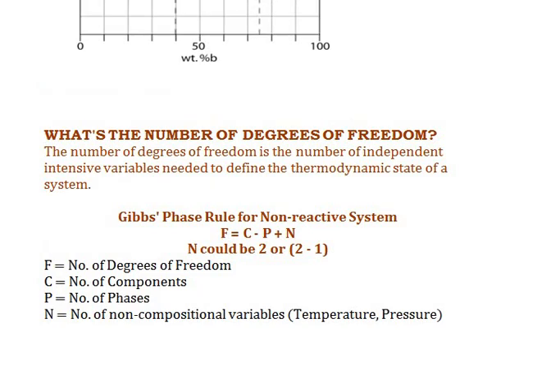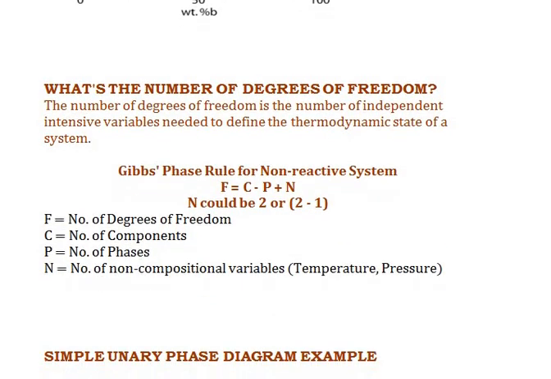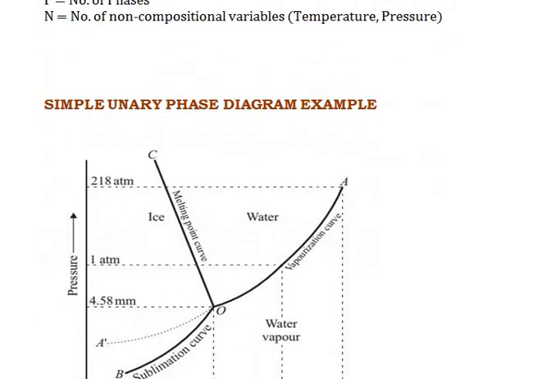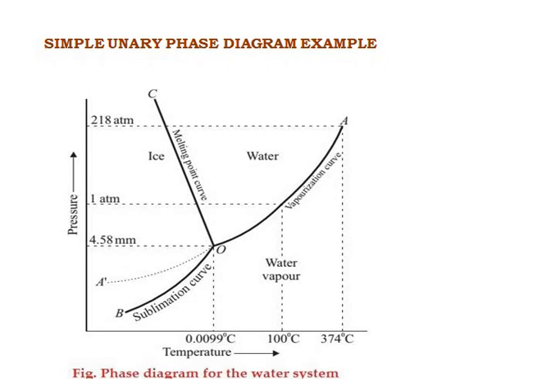However, before we move towards solving this binary question, let's visit an example of a simple unary phase diagram calculation of the number of degrees of freedom. It's similar to the diagrams we looked at in the overview of phase diagrams, and this is a phase diagram for the water system.